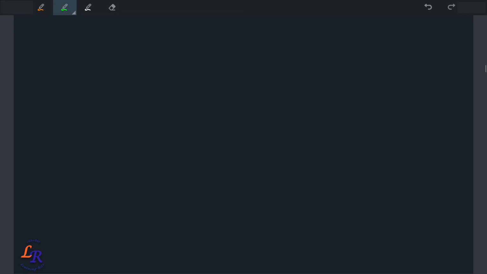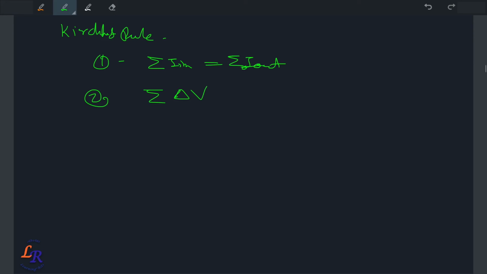We have seen Kirchhoff's two rules, right? What was that? First rule was the junction rule, that at any point the incoming current is equal to the sum of outgoing current, and that in a closed loop the sum of changes in the potential is 0, right?